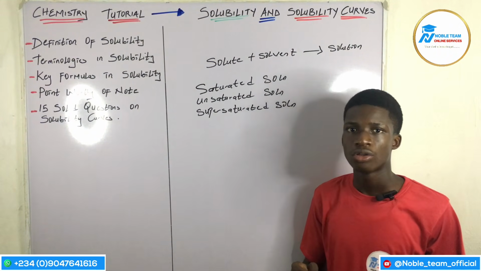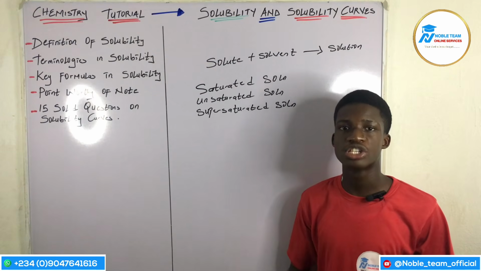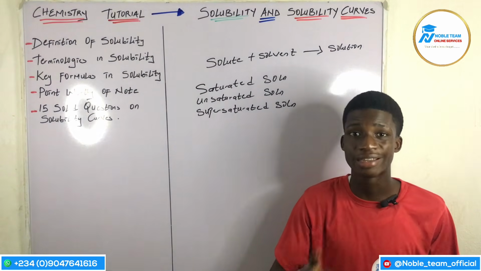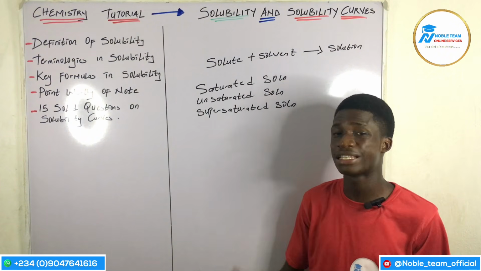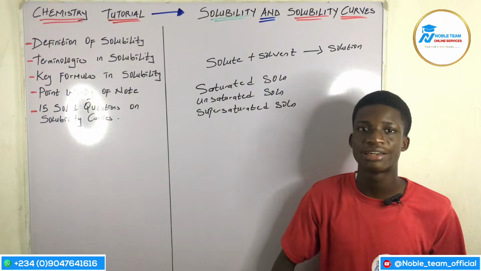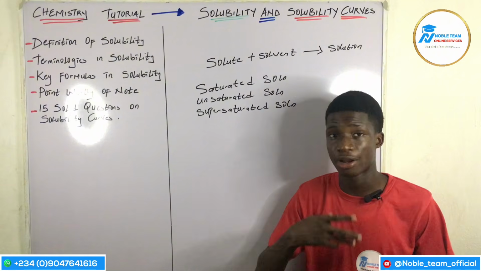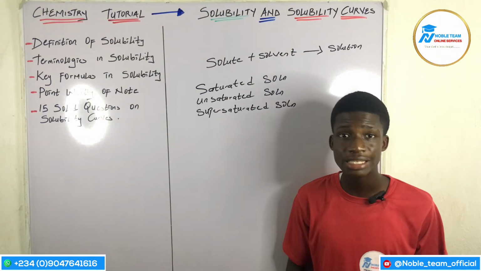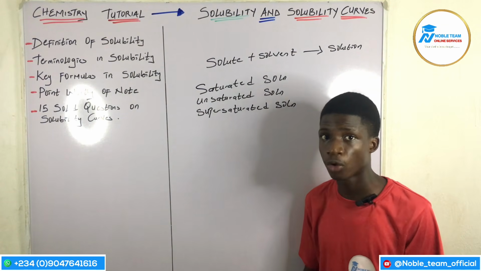Imagine you are informed in a lab, or anywhere, to dissolve 40 grams of chalk inside 100 grams of water, and that is the normal procedure if you want to dissolve chalk in water. Imagine you dissolve that 40 grams inside that 100 grams, and you went ahead to add another 40 grams of that chalk, making a total of 80 grams of chalk to dissolve in 100 grams of water.